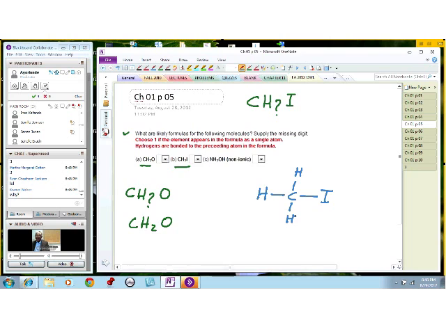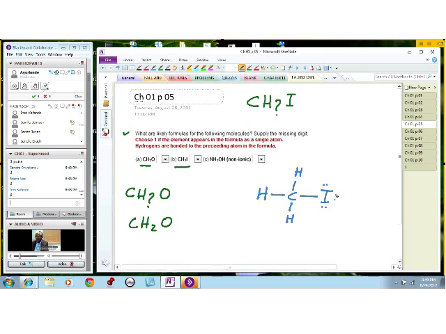Now let me ask you this. Look at iodine right here. How many non-bonding pairs of electrons does it have in order to satisfy the octet? 3. So it's similar to chlorine.